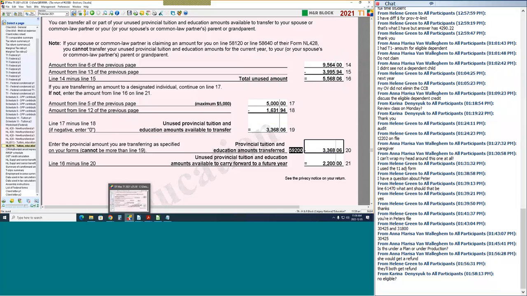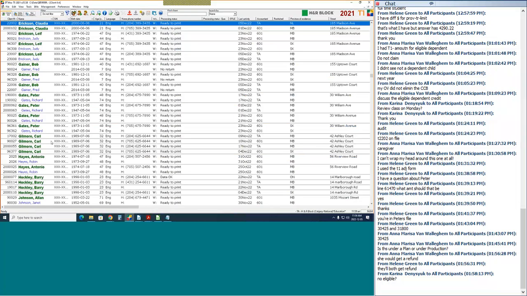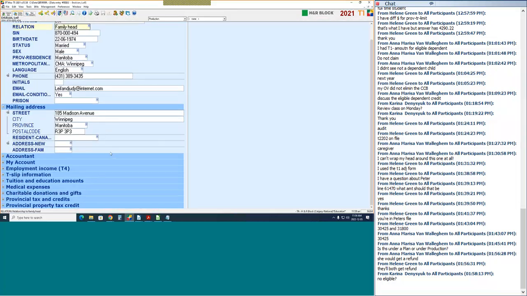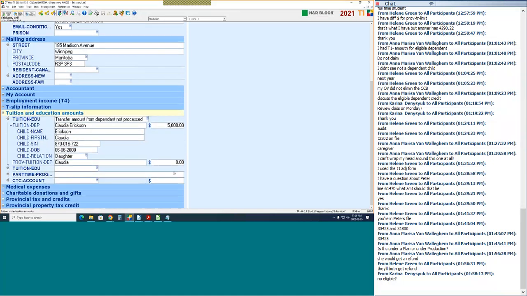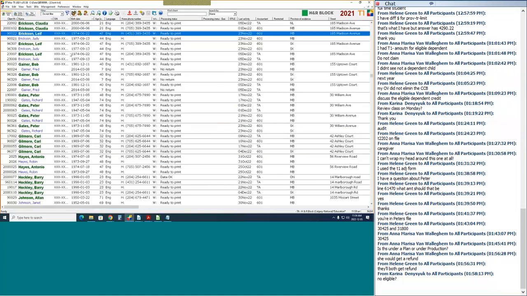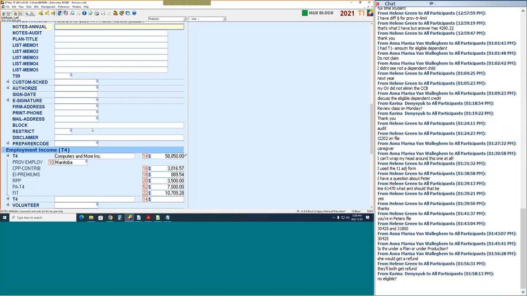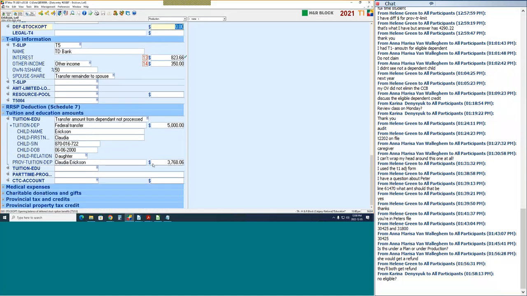Okay, so 336806. Then if I go in here and I did it the same thing again, but as, oh, that's not my file. This is where we have a problem when there's more than one. This is my file. We have the same one, but it was Manitoba.